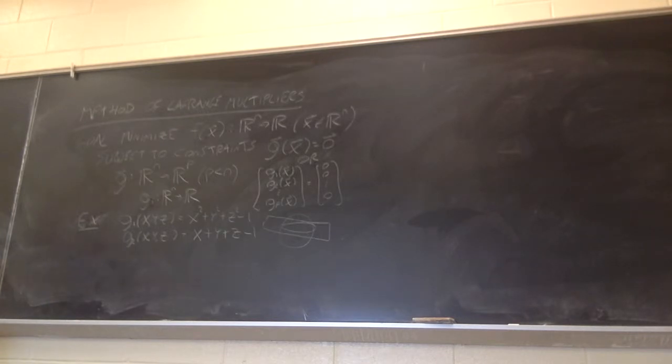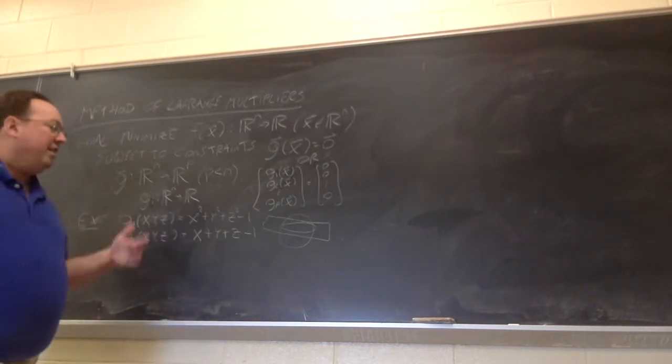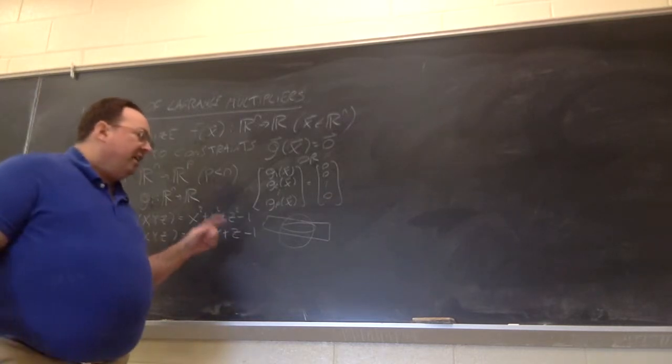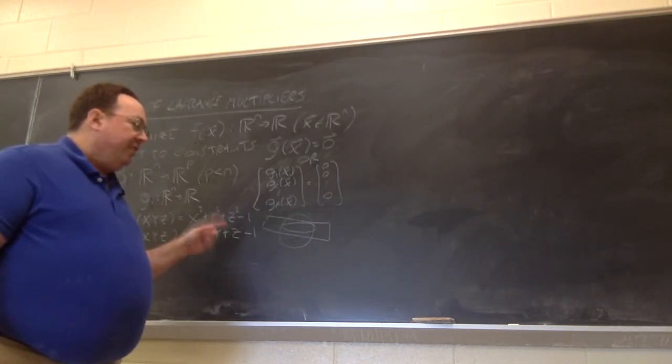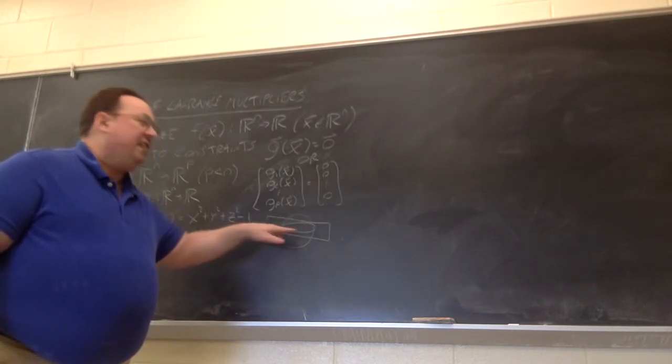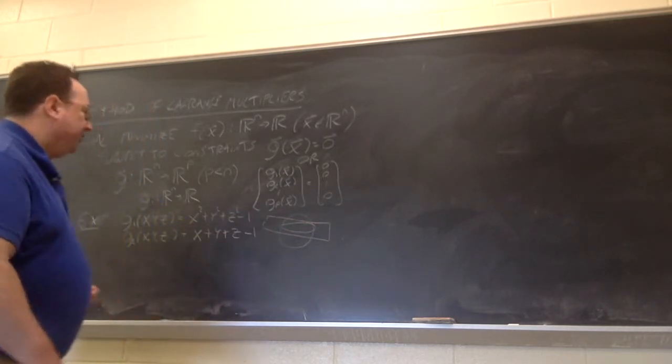Well, instead of the entire gradient of f, in other words, all partial derivatives of f equal to 0, we want f to have a 0 rate of change, not in every direction of the whole space, but just in directions that keep us within the set of points that satisfy the constraints.